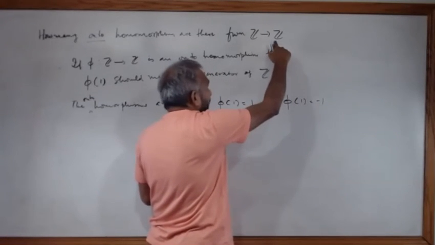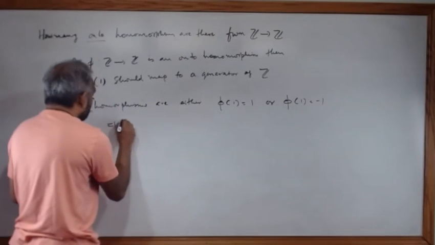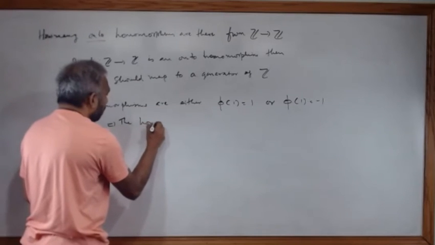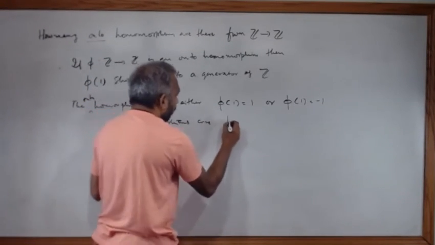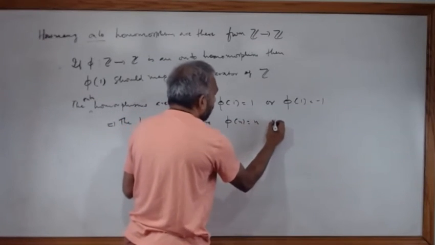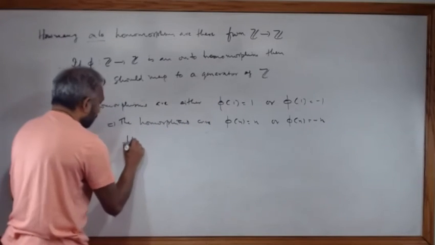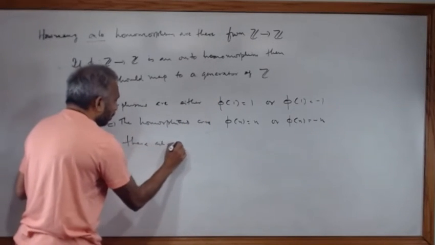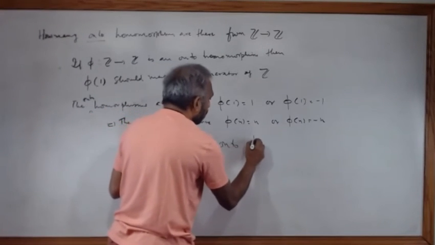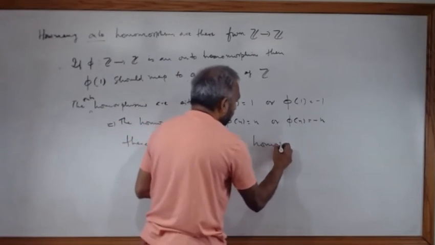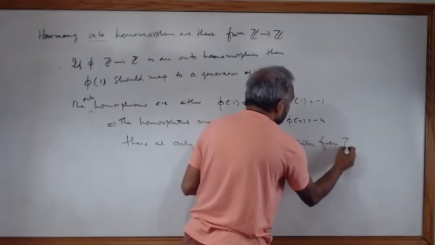There is no other generator. So this means the homomorphisms are phi of n is equal to n or phi of n is equal to minus n. So there are only two onto homomorphisms from Z to Z.